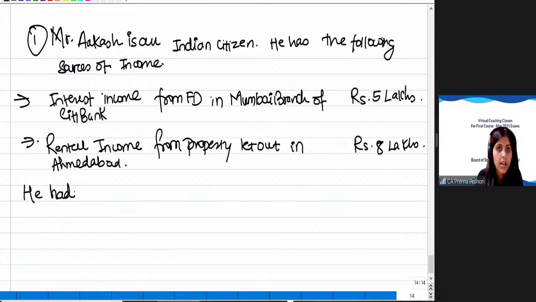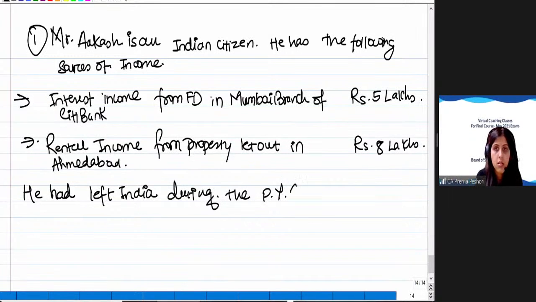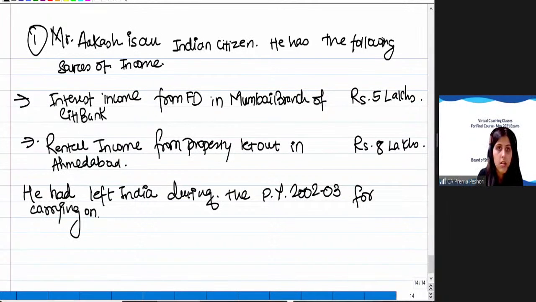He had left India during the previous year 2002-2003 for carrying on employment outside India.